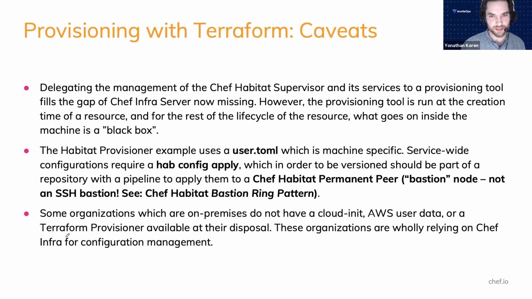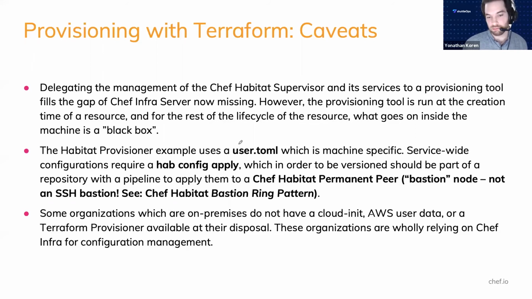That's something that Chef Infra would be very good at, to make sure that idempotently you get the configuration that you want. But if you're trying to move away from Chef Infra Server, and you're not trying to use Chef Infra to configure the main driver of the configuration, which is now Habitat, you're going to be facing this black box scenario if you're using a provisioner to fill that gap, because provisioners only care about what happens at creation time.